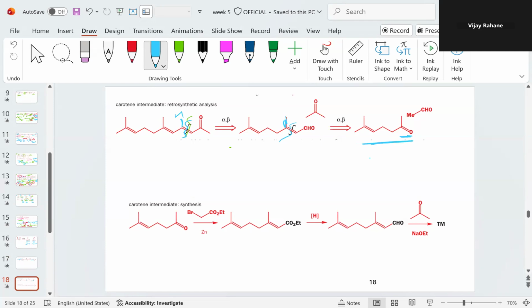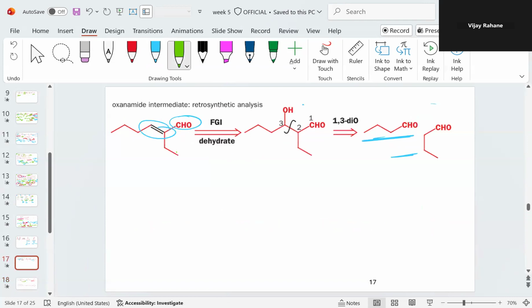And further if you look at here, this is the starting material. So the steps involved in this retrosynthesis were similar to this one, the functional group interconversion followed by the 1,3-dicarbonyl disconnection.